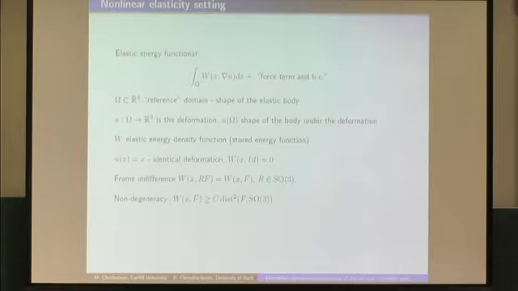Basically, the gradient of deformation represents the amount of deformation at every particular point of the body. If u of x is the identity deformation, then the natural physical assumption on the stored energy function is that the elastic energy is zero on the identity matrix.